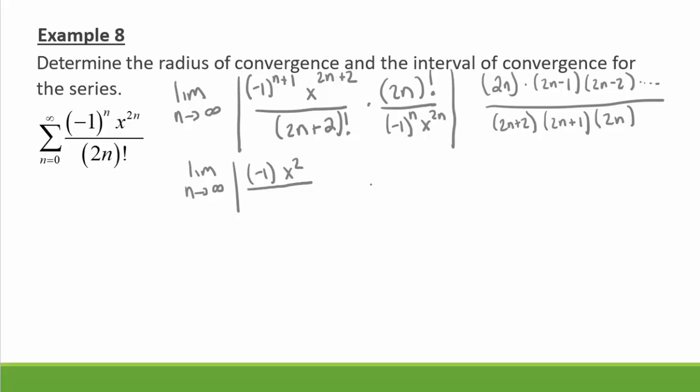So what this simplifies to here is 2n plus 2 times 2n plus 1.